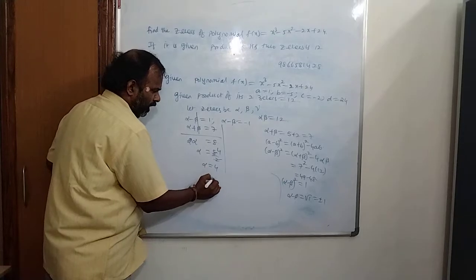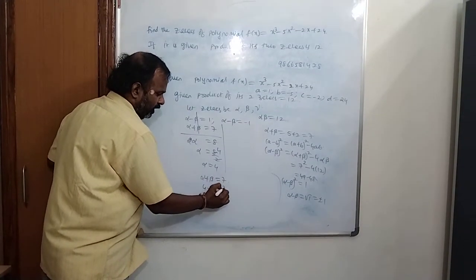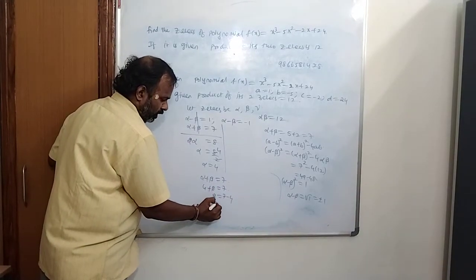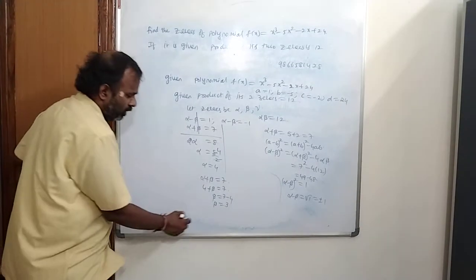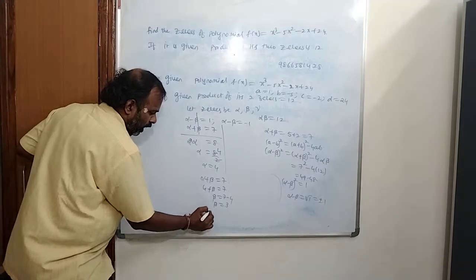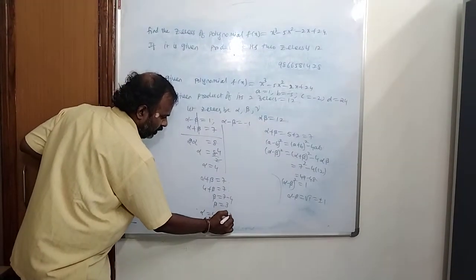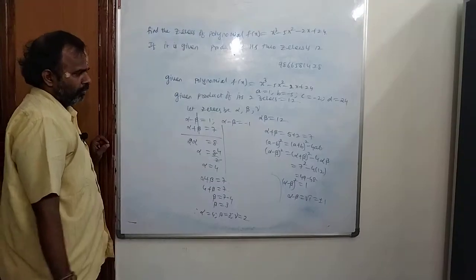Alpha plus beta is equals to 7. 4 plus beta is equals to 7. Beta is equals to 7 minus 4. Beta is equals to 3. So therefore alpha is equals to 4, beta is equals to 3, gamma is equals to 2.